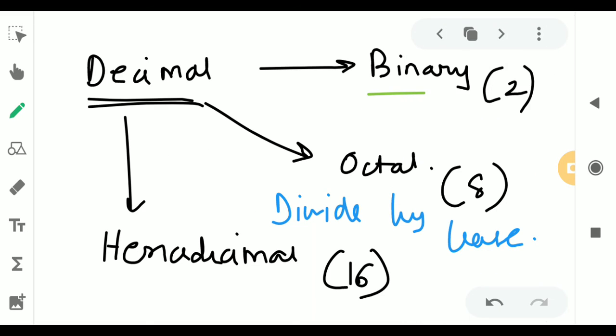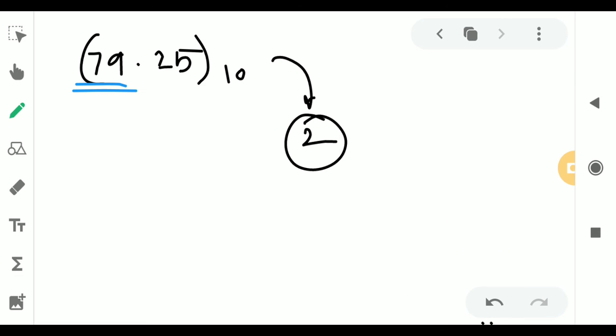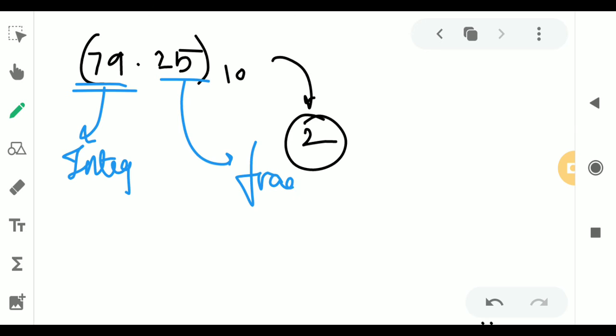Okay, so remember this. For the integer part, what's the integer part in 79.25? It's 79. What about 0.25? That becomes the fractional part. Whenever such a problem comes, always deal with the integer part separately and the fractional part separately.